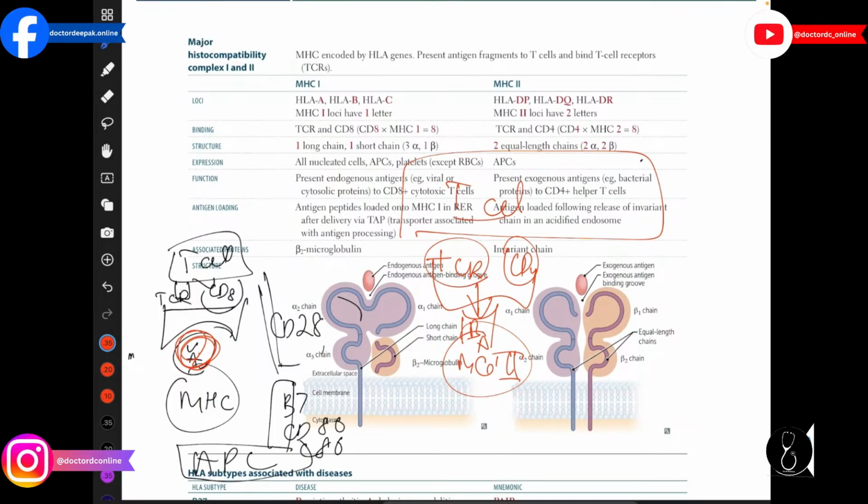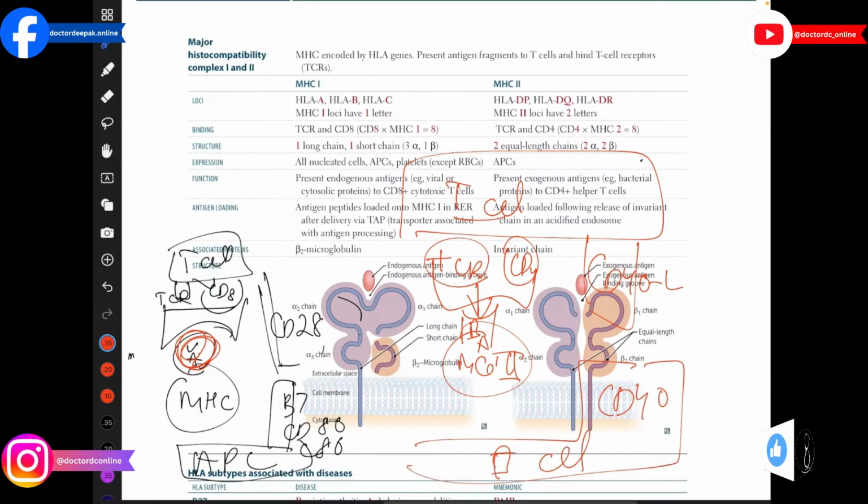We say T helper cell, and then they have a CD40 ligand that is going to interact with CD40 present on the B cell. Understand? After that, they will produce cytokines which activate the B cell. There will be class switching of immunoglobulin, affinity maturation, and antibody production.